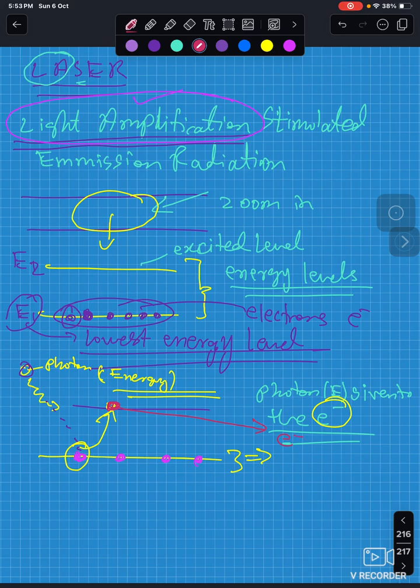The electron had E1, but then it converted to E2. So E2 minus E1 gives you the energy of the photon. This is one way of calculating the energy of a photon, when you have the energy difference between levels 2 and 1.